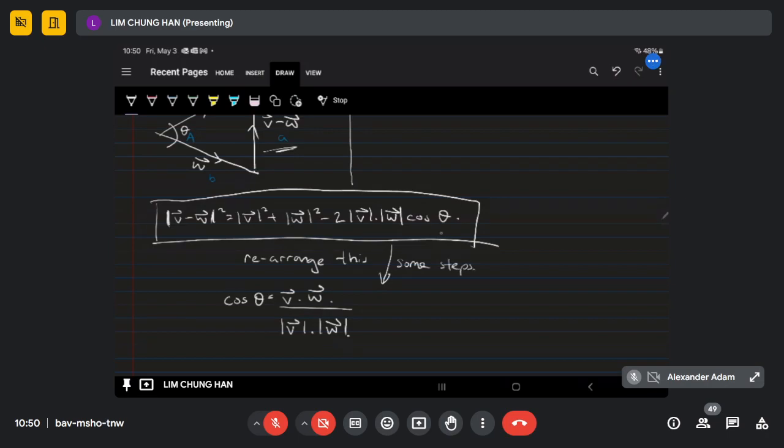There are some steps involved to get from this long formula to that short formula. I want you to work out what the steps are, how I get from 1 to 2. You do this on your own. It may come out in a test or exam.